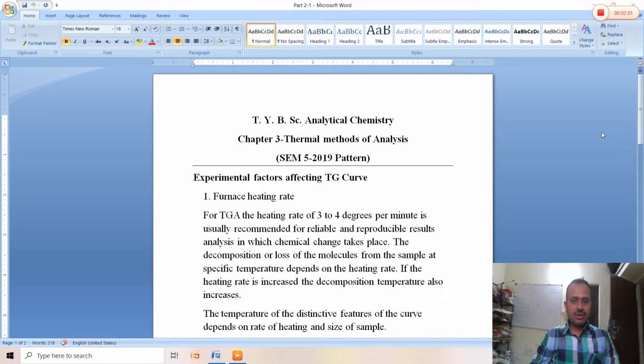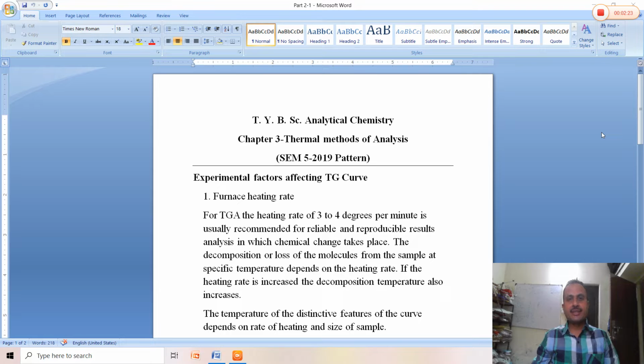The decomposition or loss of molecules from the sample at a specific temperature depends on the heating rate. If the heating rate is increased, the decomposition temperature also increases. So heating rate is directly proportional to decomposition temperature.